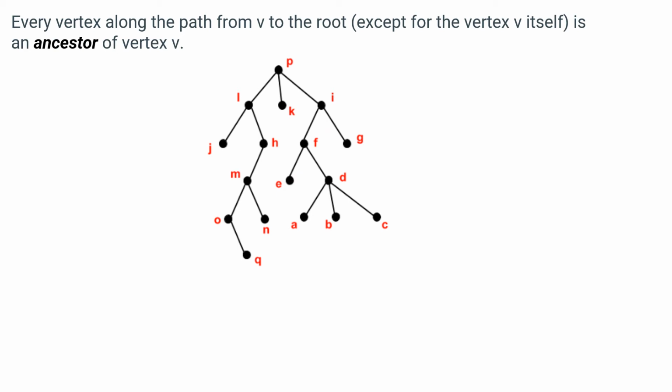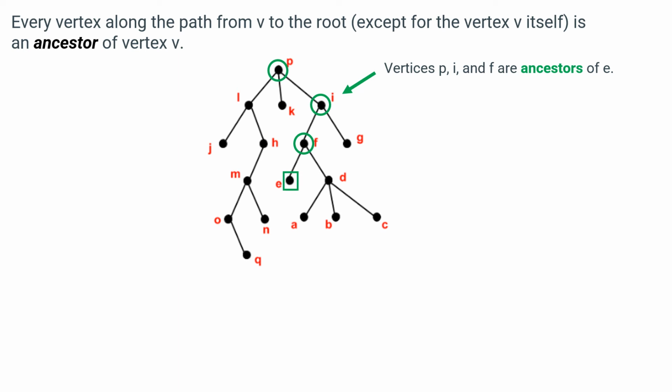If we're talking about a particular vertex, let's call it V, then every vertex along the path from V to the root, except for the vertex V itself, would be considered an ancestor of vertex V. So for instance, if we're talking about E, every vertex along the path from E back to the root would be considered an ancestor of E, except for, of course, E itself.